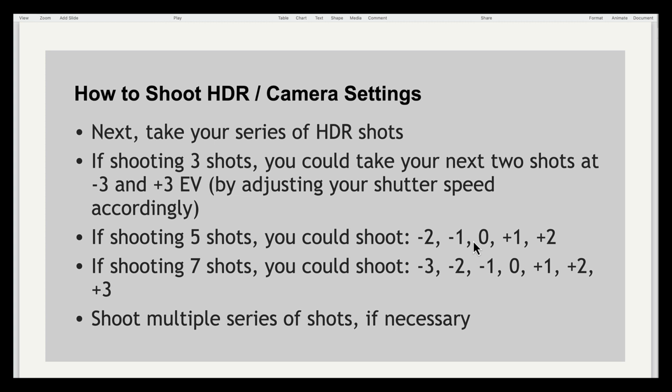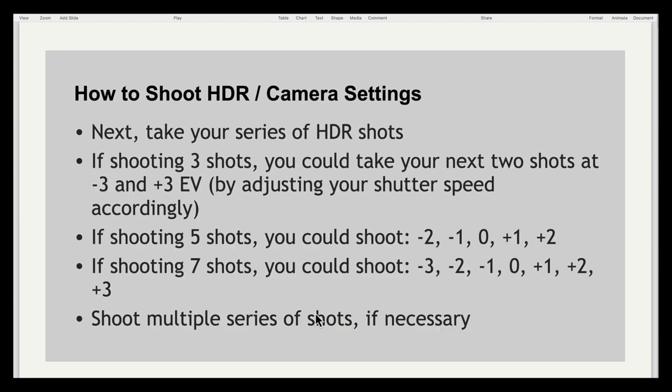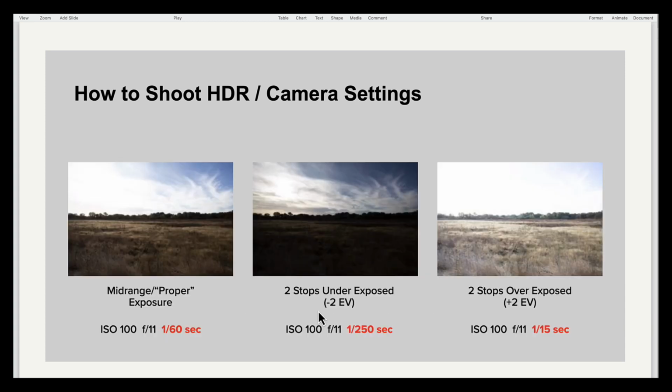So again, we're taking our base shot at 0, or where the camera determines the scene is properly exposed, but then we're going to take subsequent shots, changing our shutter speed, and landing at different spots here on the exposure level indicator. So a series of shots: 3 shots, 5 shots, 7 shots.